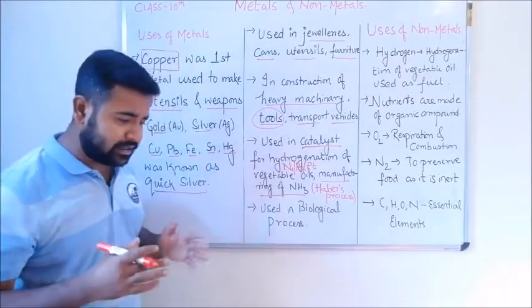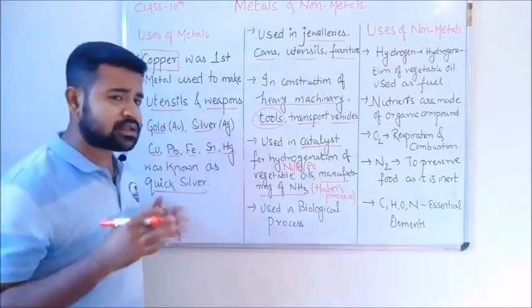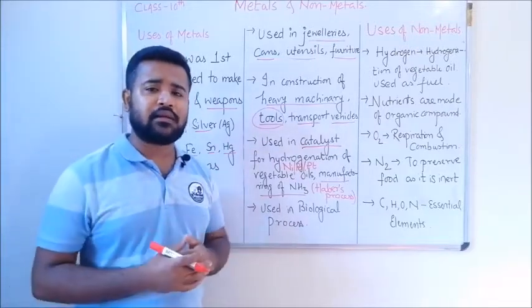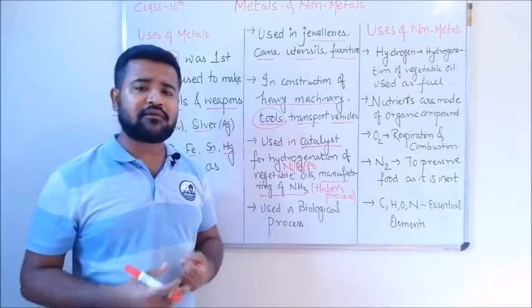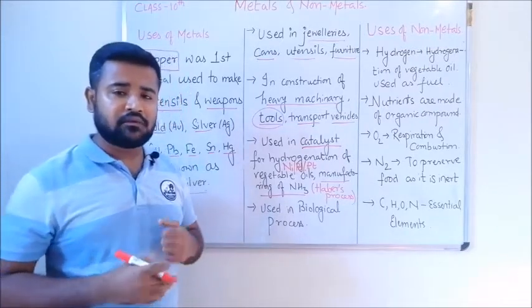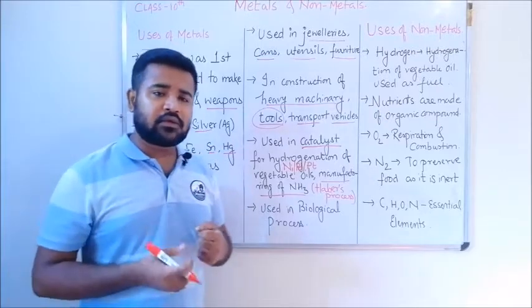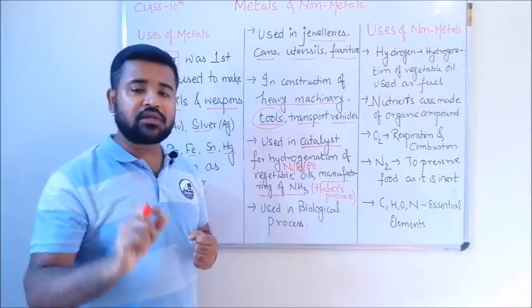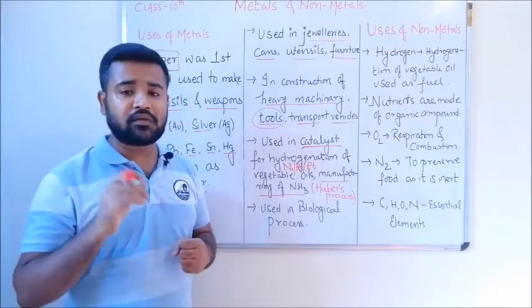Generally ladies have a problem called anemia. Anemia means a deficiency of iron. In that case the doctor prescribes taking more diets containing iron. This iron quantity is very much essential in our blood, in our hemoglobin.